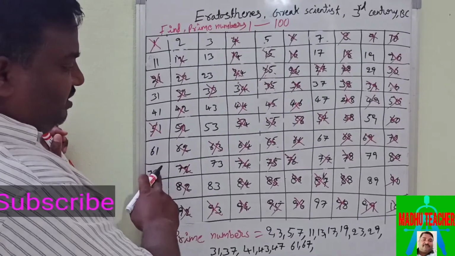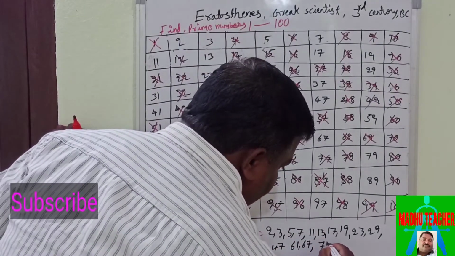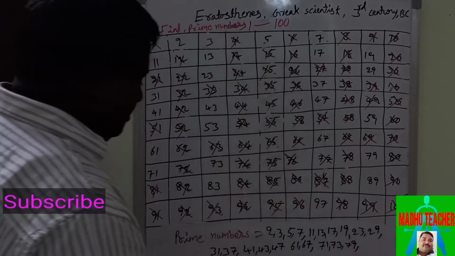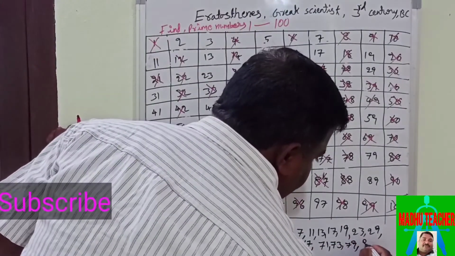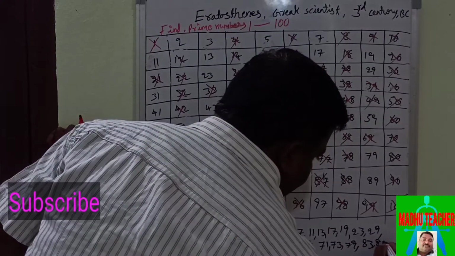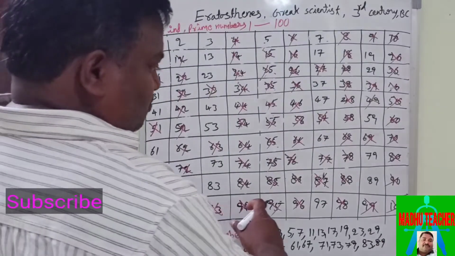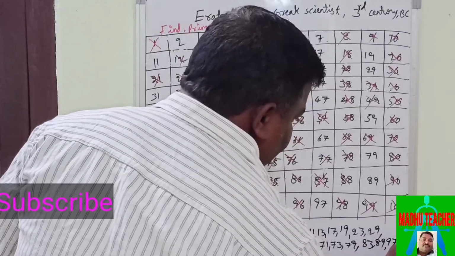Next line: 71, 73, 79. Next 83, 89. Next we have only 97.